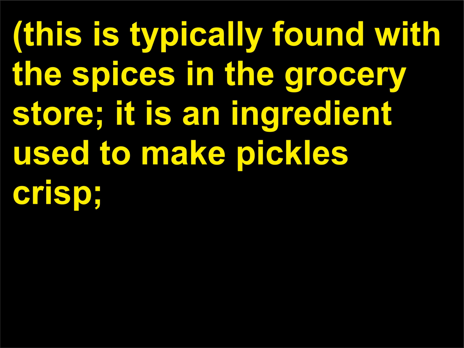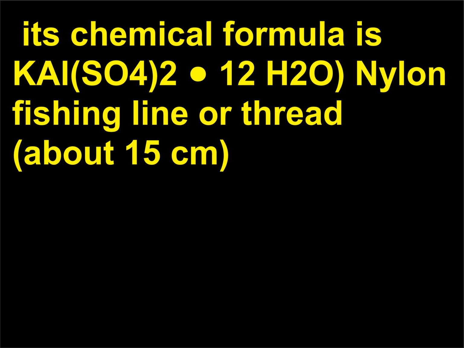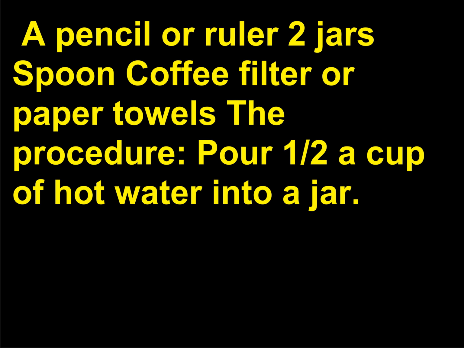This is typically found with the spices in the grocery store; it is an ingredient used to make pickles crisp. Its chemical formula is KAl(SO4)2·12H2O. Nylon fishing line or thread, about 15 centimeters, a pencil or ruler, 2 jars, spoon, coffee filter or paper towels.